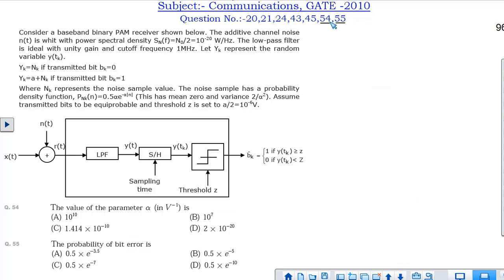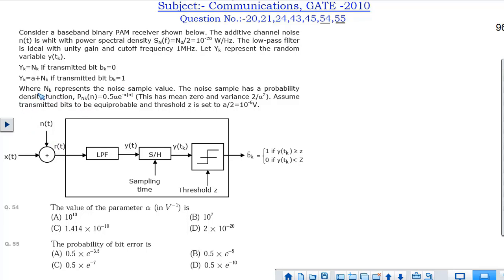Next are question numbers 54 and 55. Both are linked questions, that is, common data questions. It is given: consider a baseband binary pulse amplitude modulated receiver shown below. This is basically the receiver that is given. The additive channel noise n(t), which is added here, is white with power spectral density N0 by 2 equal to 10 to the power minus 20 watt per hertz.